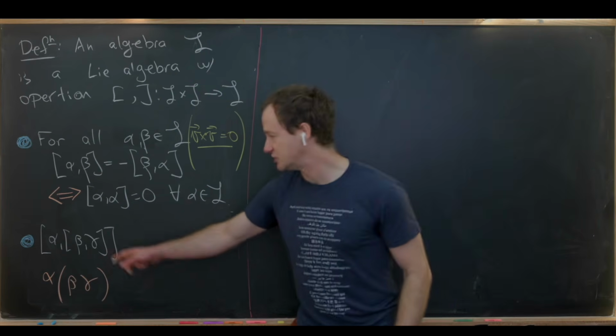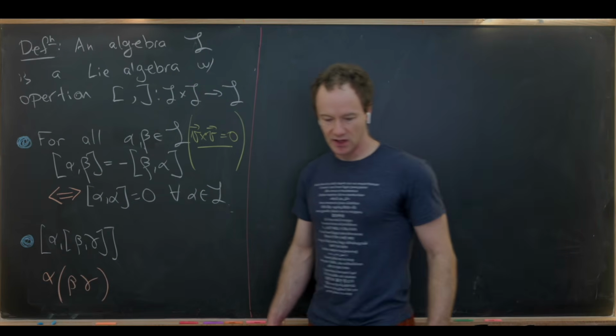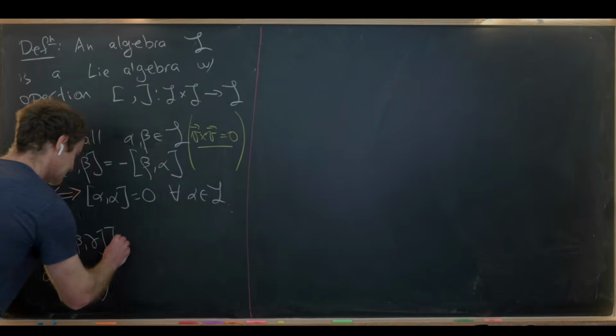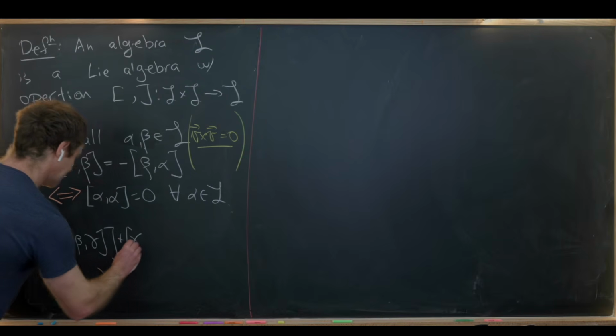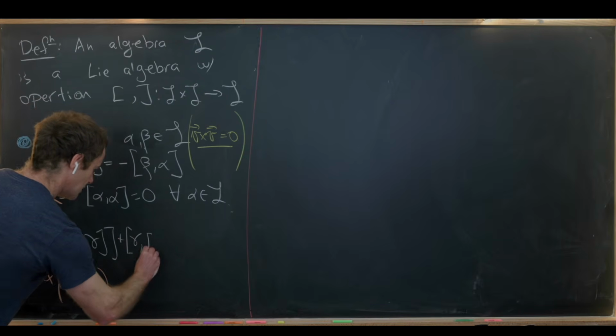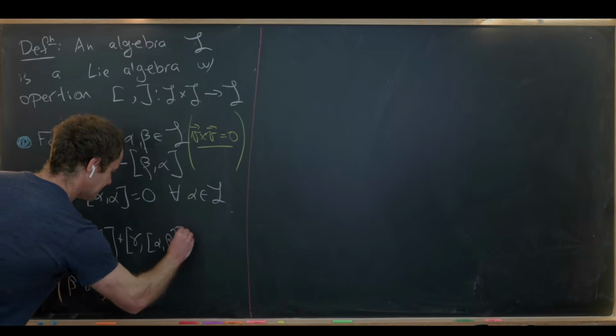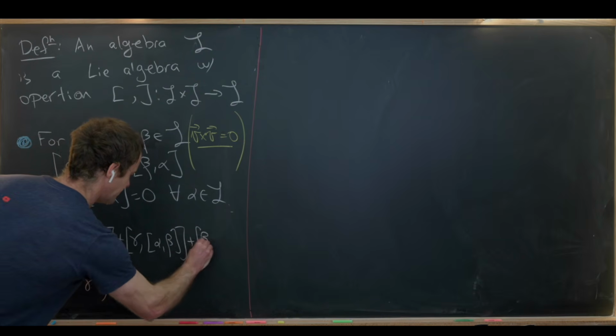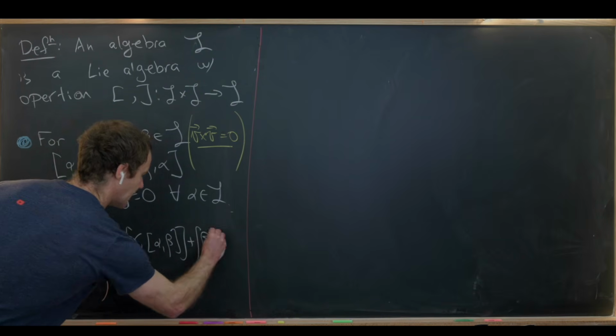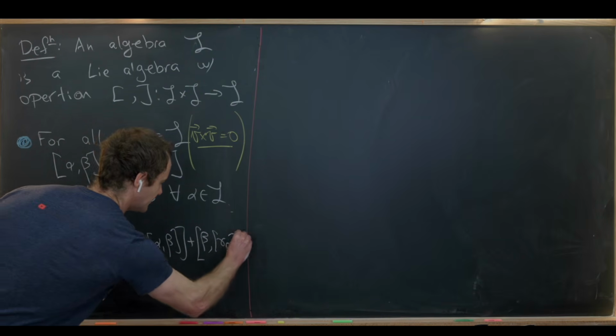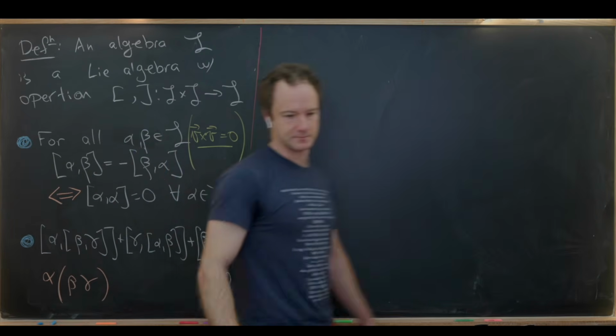But that's just using our bracket notation. And then we've got plus bracket gamma with bracket alpha beta, and then plus bracket beta with bracket gamma alpha, equals 0.